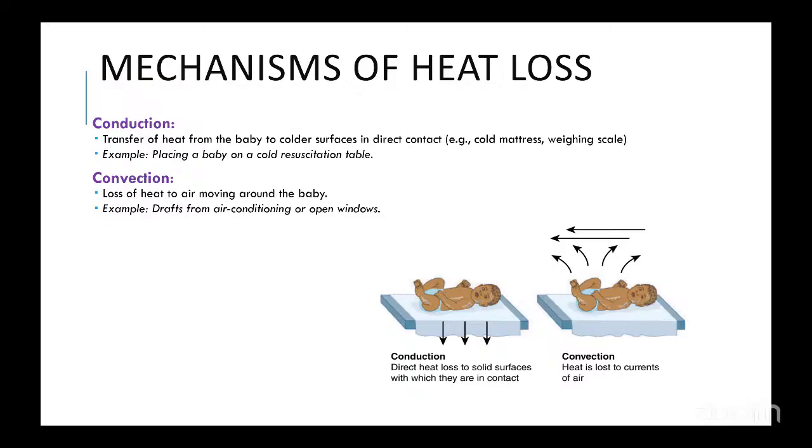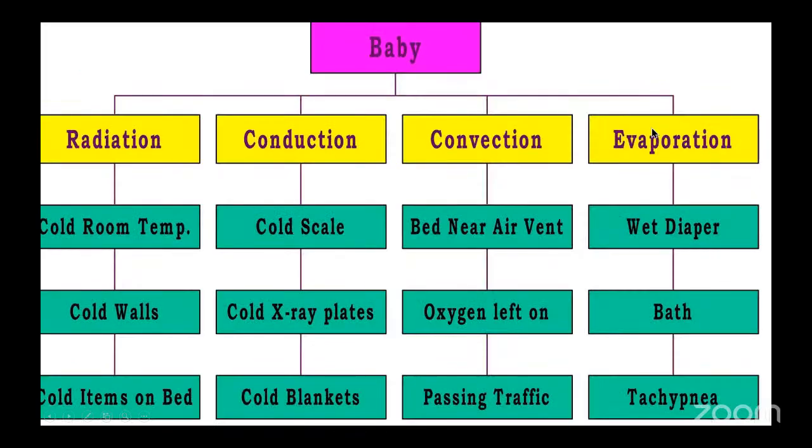And the other one is convection. Convection is when the baby loses heat due to the air moving around the baby. When there are lots of air currents around the baby, then the baby can lose heat.